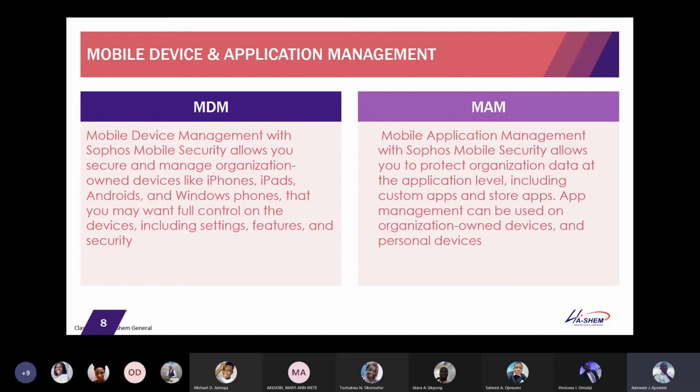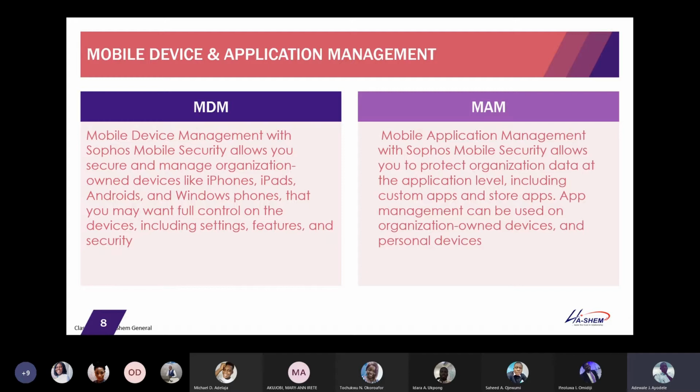You can push such a policy to the device, and the device then gets the policy through the cloud. That's when it synchronizes with Sophos Central. Once that has been done, the policy takes effect, and you can now monitor the devices, what is being done on the device and so on.